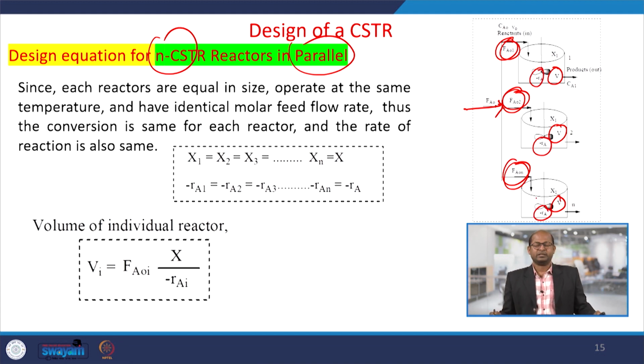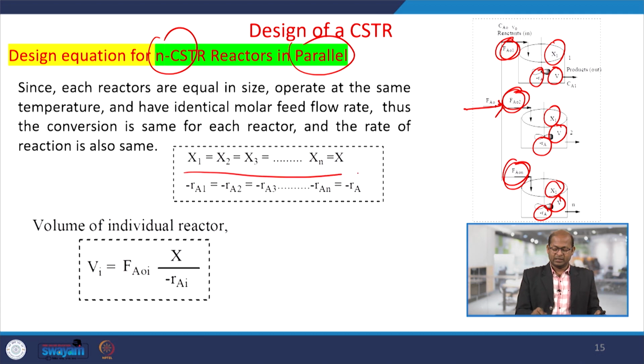Therefore, the rate of reaction in each reactor should also be the same. If we connect n CSTRs in parallel, we will get the same desired conversion X1 as with one reactor. In both cases we get the same conversion, but the overall production capacity we can increase, while the total conversion we cannot change.